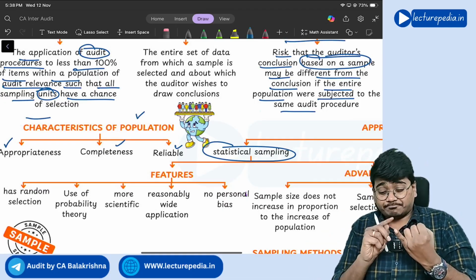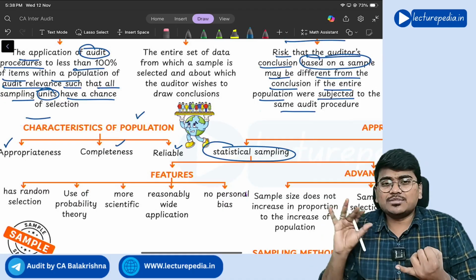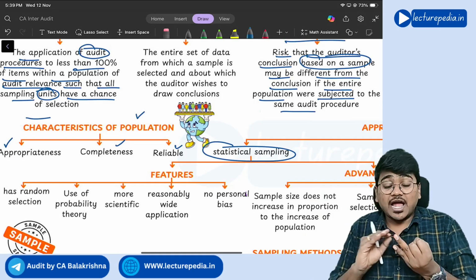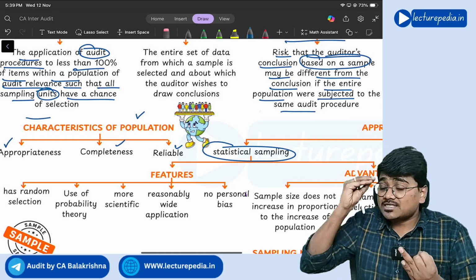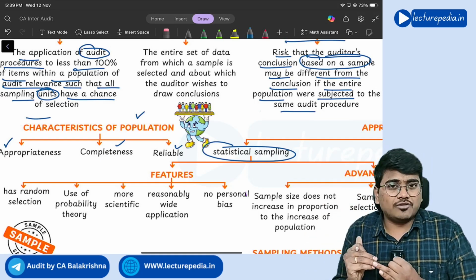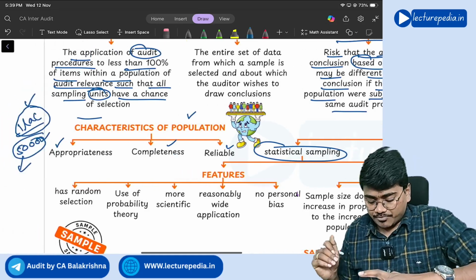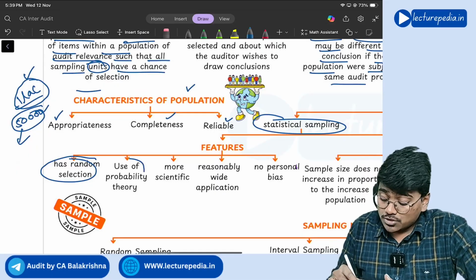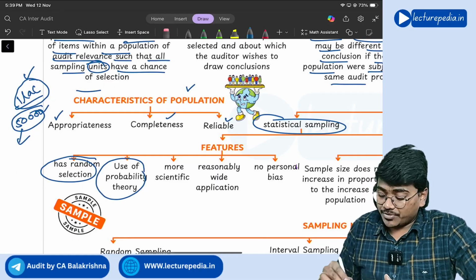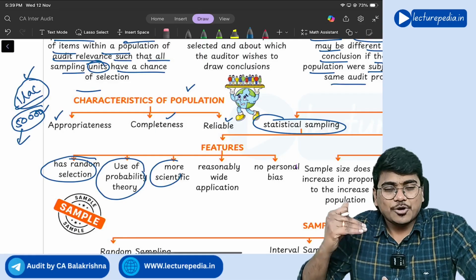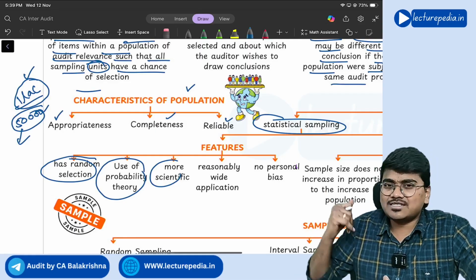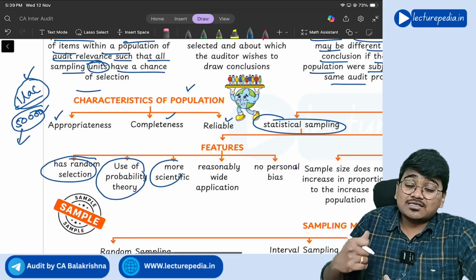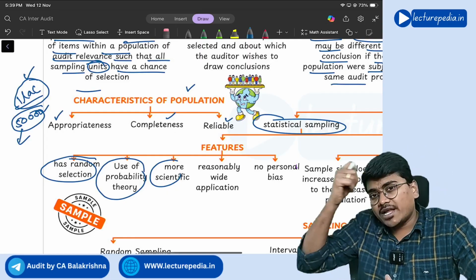First of all, there will be randomness. Random selection will be there in case of statistical sampling, and you will use scientific formulas. Statistical sampling has random selection and use of probability theory, and it is more scientific when compared to non-statistical sampling, because it is based on certain statistical formulas and it is widely used.